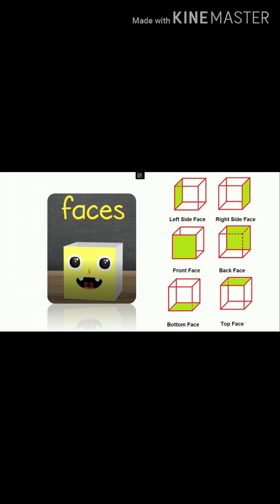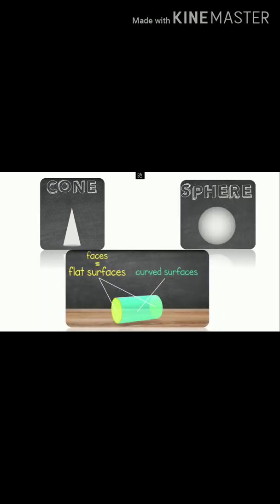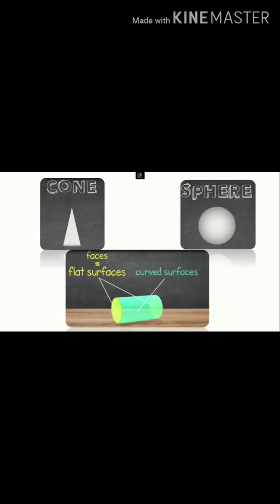And the third is faces. But remember, not every shape has flat surfaces. Cone, sphere, and cylinder do not only have flat surfaces but also curved surfaces.